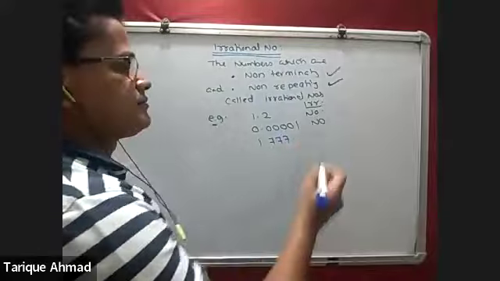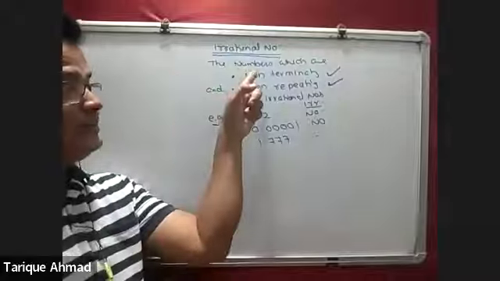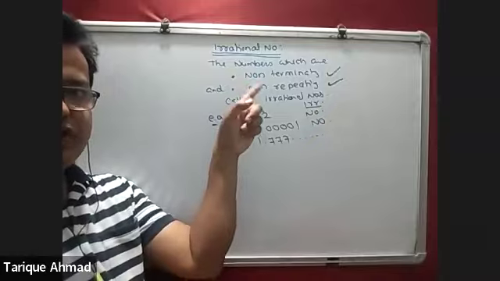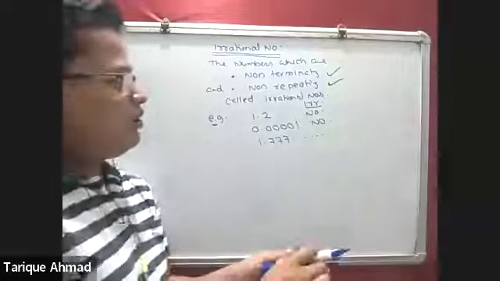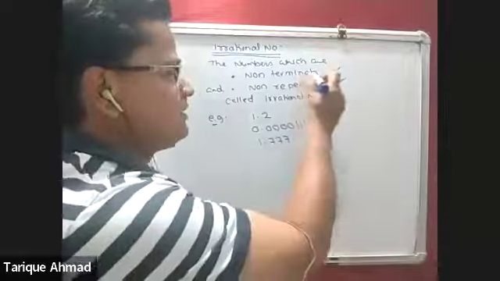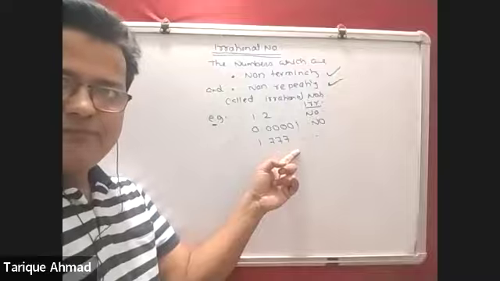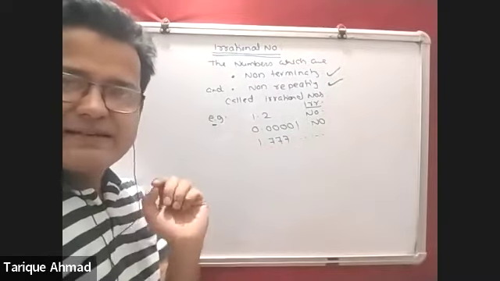1.777 dash dash dash. Is this an irrational number? No. Check on the two conditions. Check on that condition first. Okay, it's not irrational because it's a repeating decimal. Correct. Although it is fulfilling the first condition, it is non-terminating, it fails in the second one because it is repeating itself.